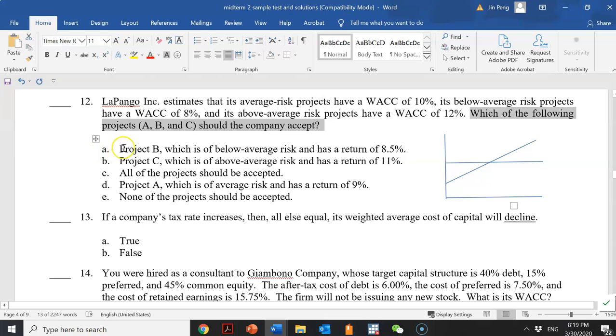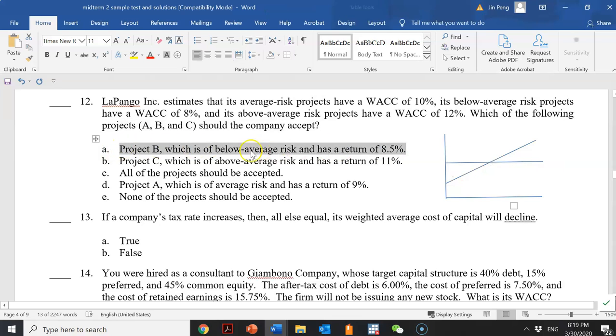This is talking about project B, which is of below average risk and has a return of 8.5%. So B could probably be somewhere here. It has low risk and a return of 8.5%. So we should compare its return to the WACC for below average risk projects, which is 8%.